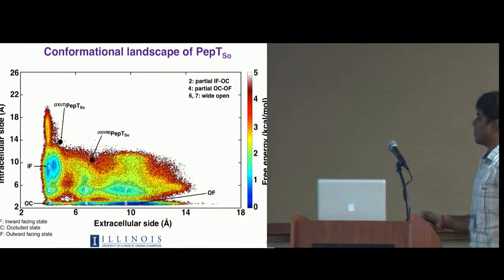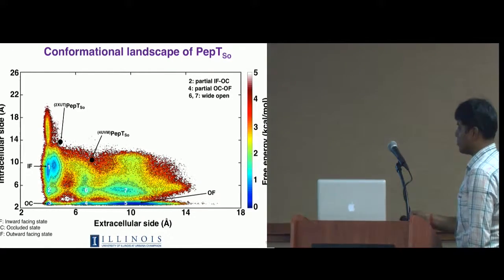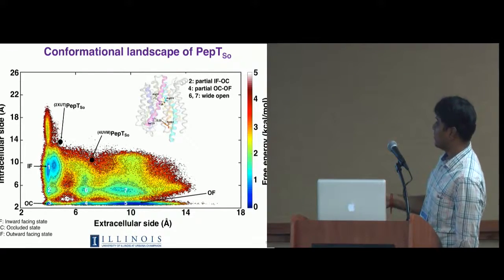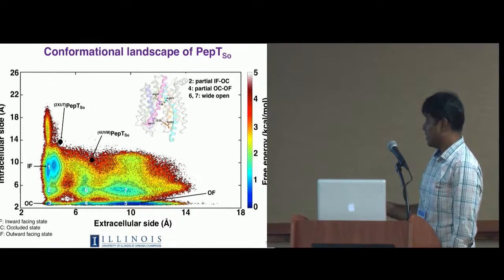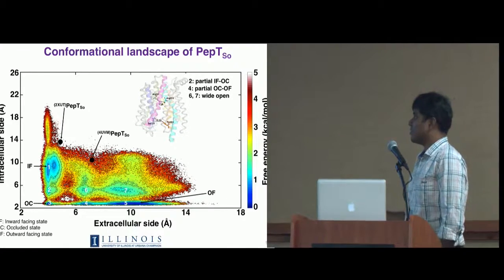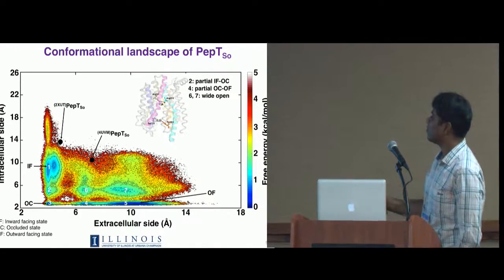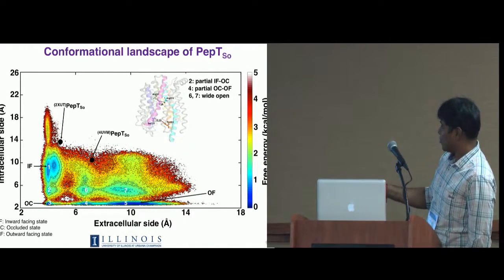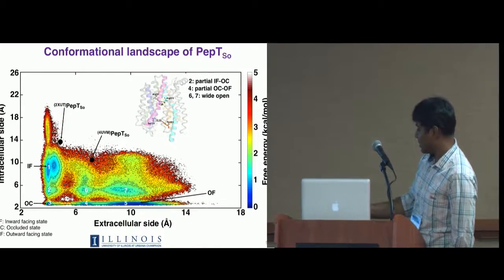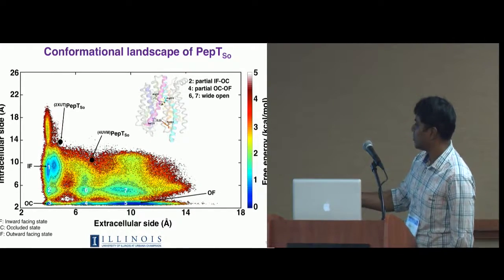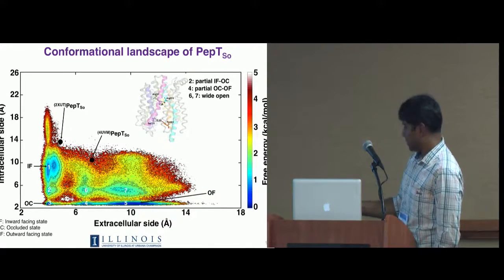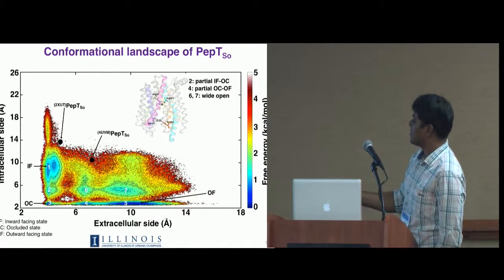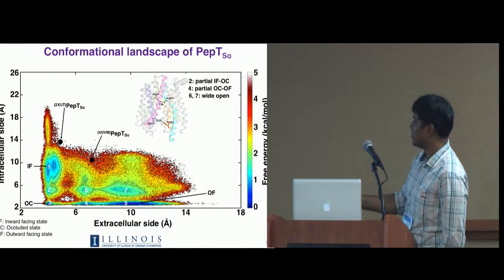This is the conformational landscape we got for PepTSO, obtained by measuring the gating residues. Gating residues are the residues that allow or stabilize particular conformations or the switching of conformations. Based on two distances, the top distance is measured on the x-axis and the bottom distance on the y-axis. An increase in distance at the bottom side means it is open to the cell.